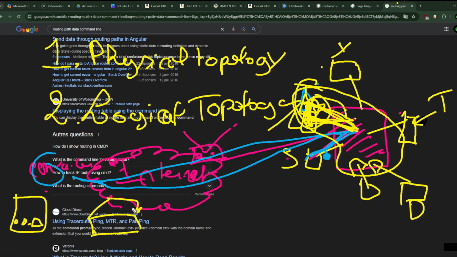And figure out how your packets travel. You will see how your packets travel. It will tell you first go to the router and then you go to the printer. Okay, so it works that way.